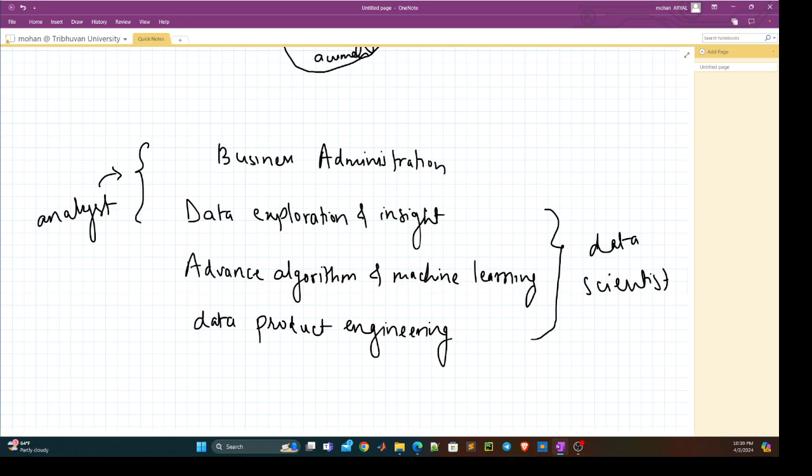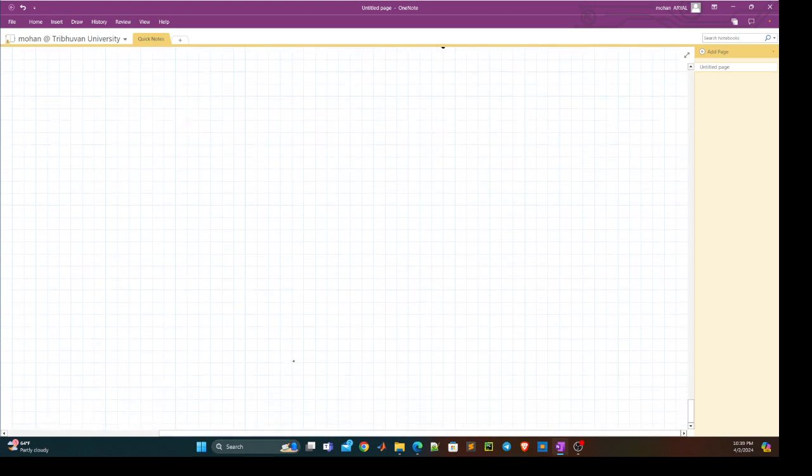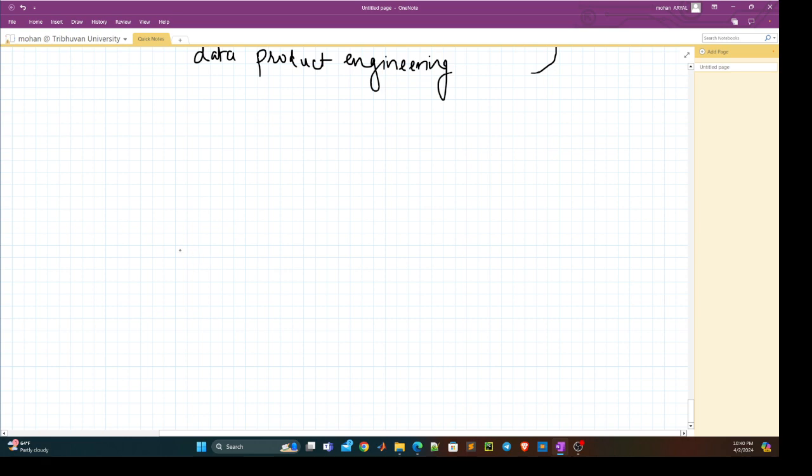And let's move to why Python. Why Python? I hope you all know the answer of this question because it is simple and easy to learn. This is a freeware and open source, and this is an interpreted language, right?